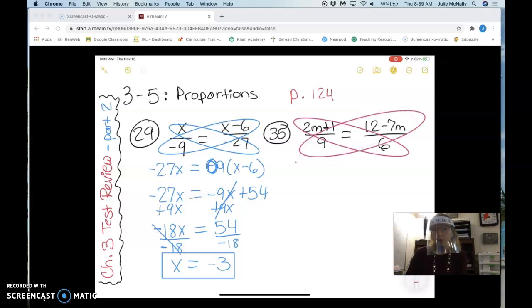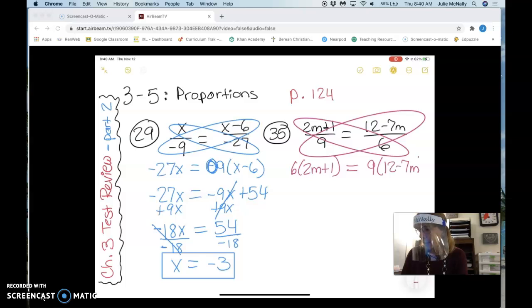Okay, so the last one, I'm going to write down each step so I don't make a mistake, all right? So I'm going to write 6 times 2m plus 1, and then the other side would be 9 times 12 minus 7m.